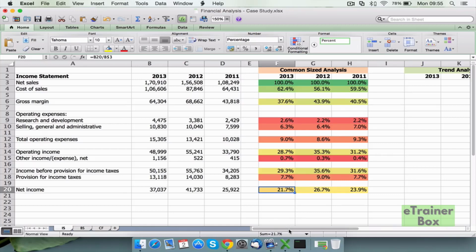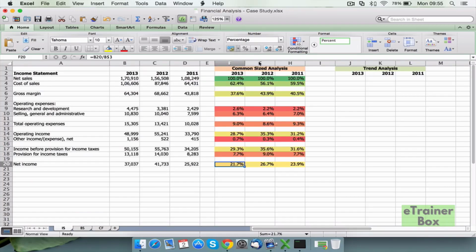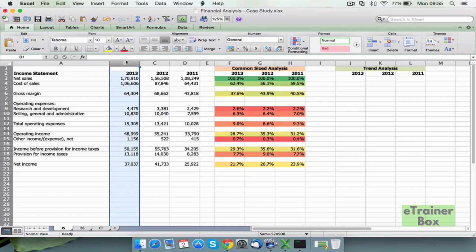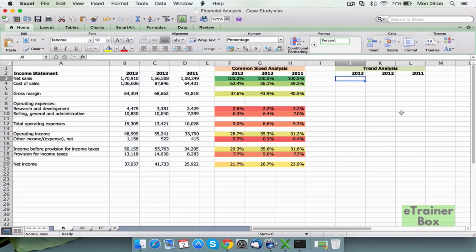Next, we go to another important analysis called the trend analysis. So the trend analysis gives you how Apple has been performing over the last 3 years. So in order to do the trend analysis, we are going to take the 2013 figures divided by 2012 and subtract 1. So which is basically current year minus previous year, the whole thing divided by previous year.